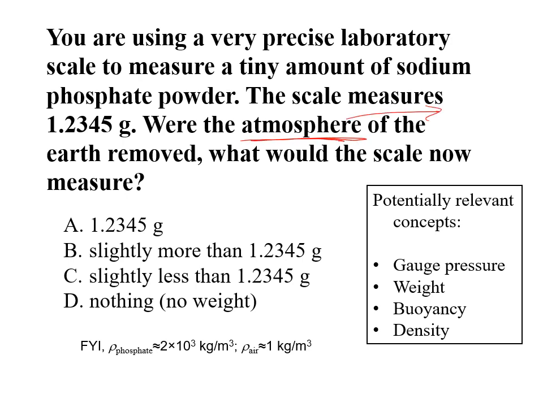When you remove the atmosphere, you remove the buoyant force, and the apparent weight of the object goes up. So you would expect it to be slightly more than 1.2345 grams, but how much more is pretty minuscule. It's not really that important.